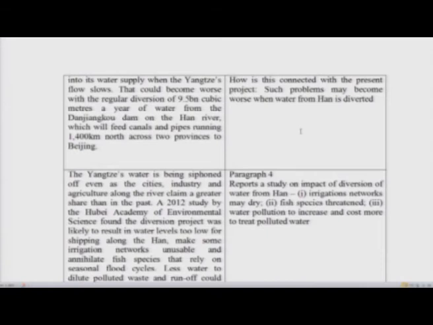Irrigation networks may dry, fish species may just vanish, water pollution may increase, and thereby the cost of treating polluted water may also increase. So, there is an economic impact there as well.